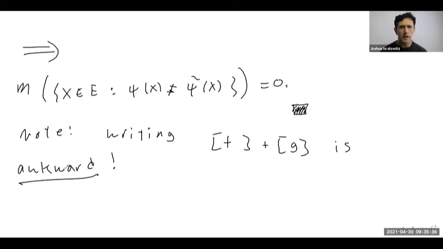It's just incredibly awkward. So we don't do it. For two elements in V, writing the addition of these two classes with the brackets is awkward.